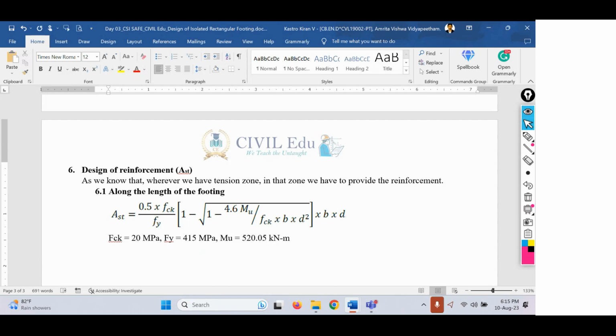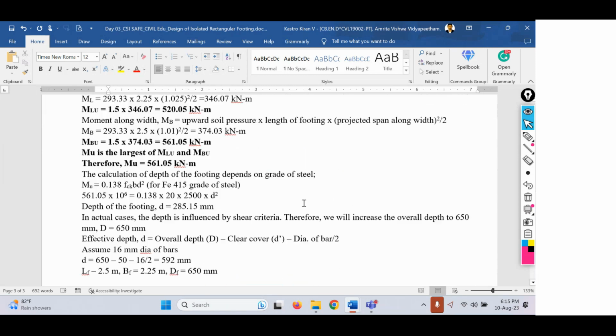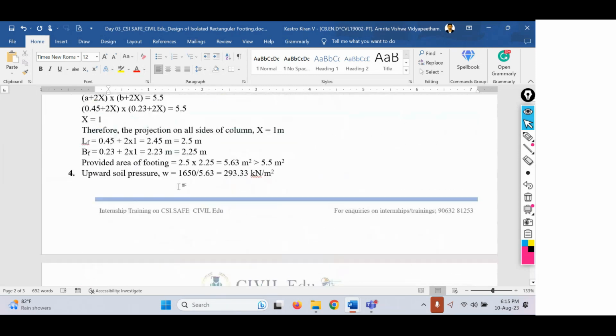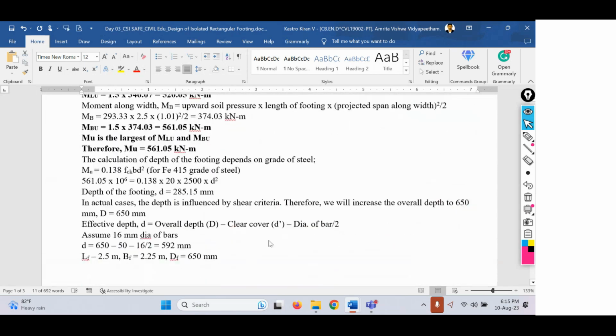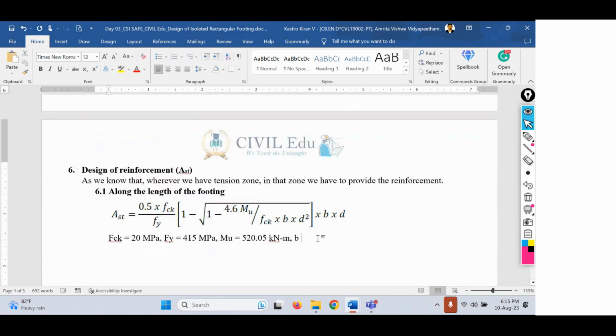And then the width direction. So what is the width of the footing? The width of the footing is 2.25 meters, if I'm not wrong. Yeah. So the width of the footing is 2.25 meters. So b equals to Bf equals to 2.25 meters. So I'll just make it as in mm, that is 2250 mm.